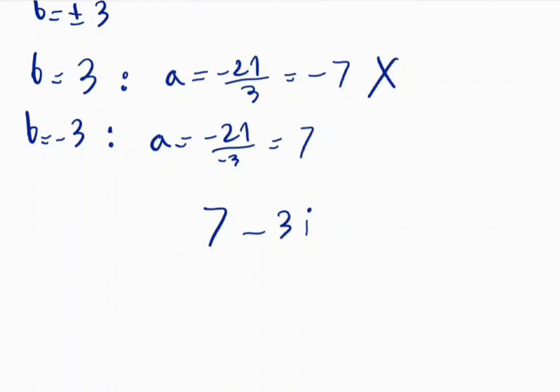This part can be confusing at first, especially if you want to do this question very quickly. But we should be careful, because if we choose 3 for the value of b, then we will get minus 7, and that's not going to be good.